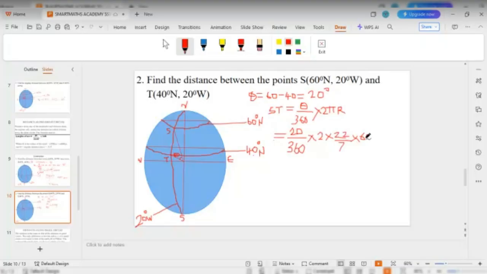So we are going to be making use of the radius of the earth to be 6,400. So let's now cut and divide.